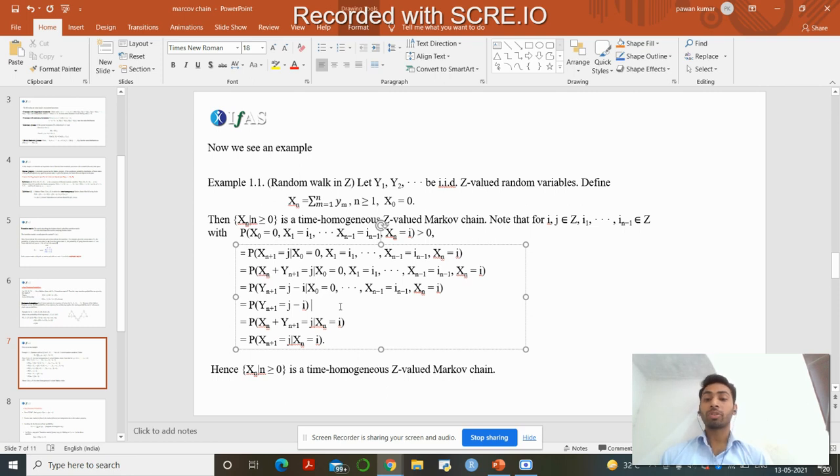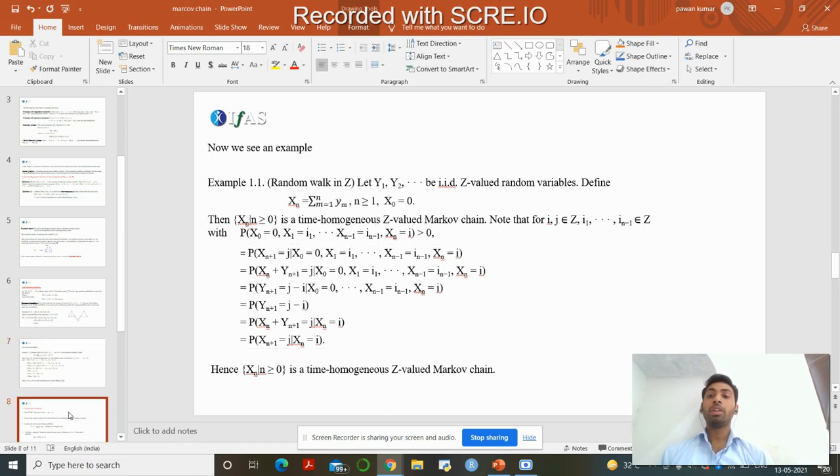So we can write X(n+1) equal to j given Xn equals i. So this satisfies the Markov property. Hence, since it does not depend on the state n, it is a time homogeneous Markov chain.